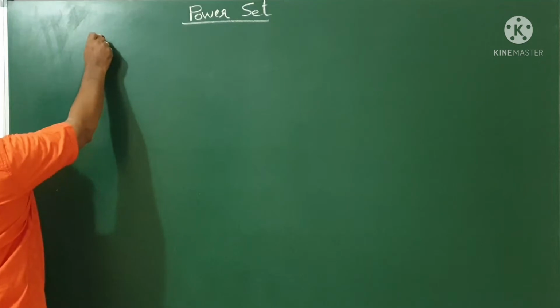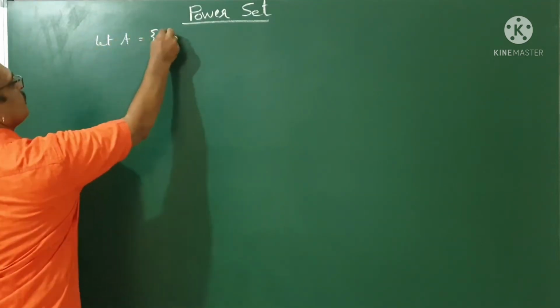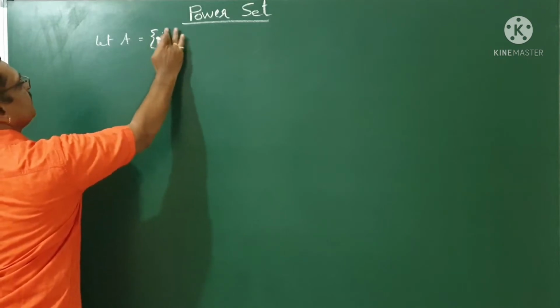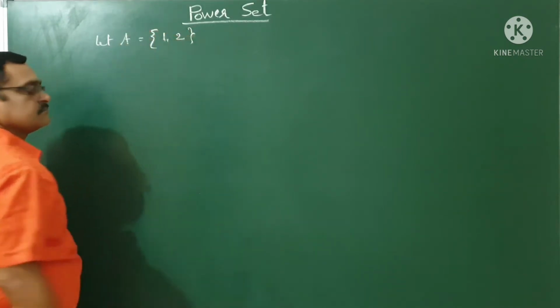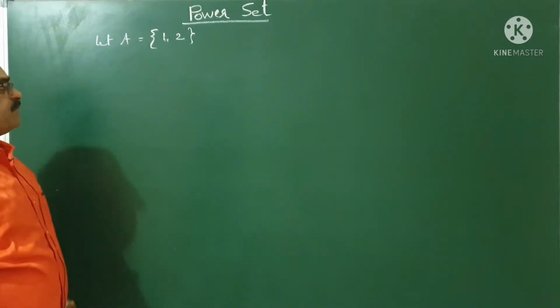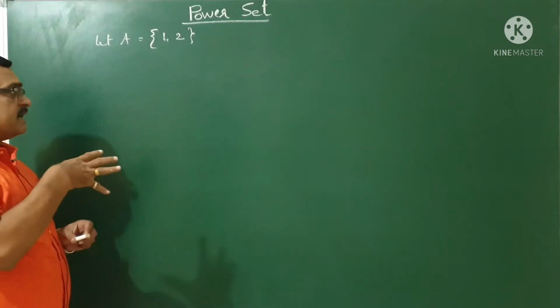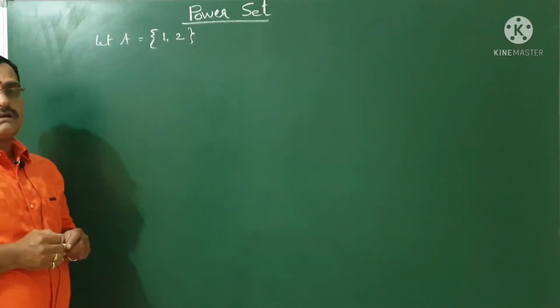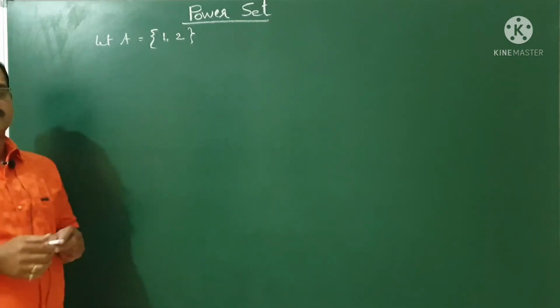Let I have set A. That set contains two elements, 1 and 2. Now my present job is I need to make the list of all possible subsets for this set.